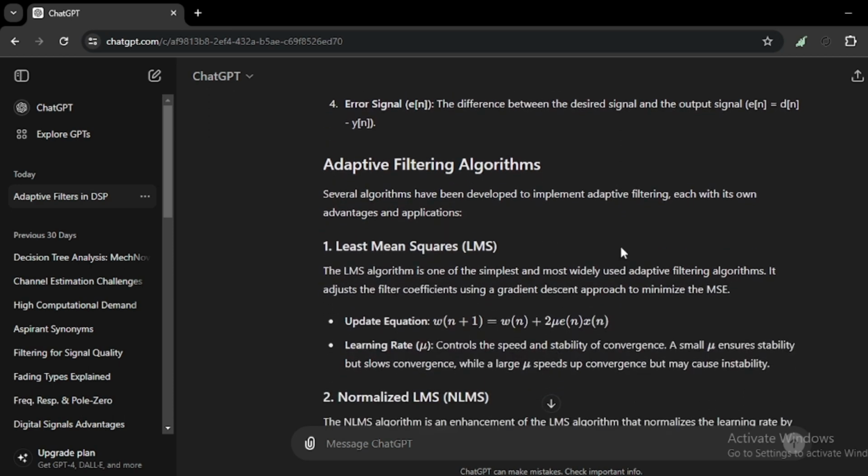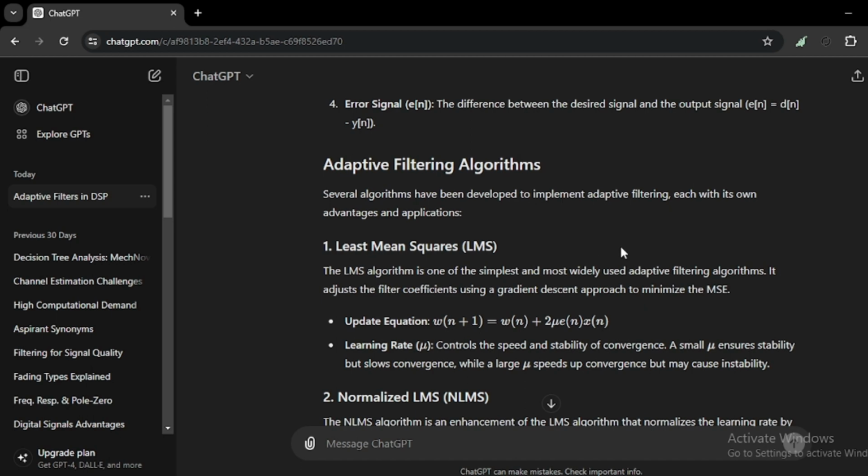Adaptive filter algorithms. Several algorithms have been developed to implement adaptive filters, each with its own advantages and applications. Number 1, least mean square (LMS). The LMS algorithm is one of the simplest and most widely used adaptive filter algorithms.